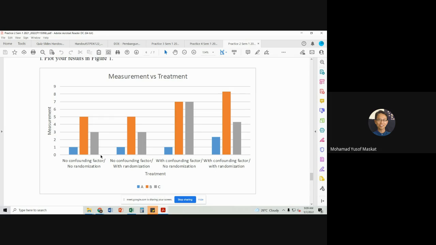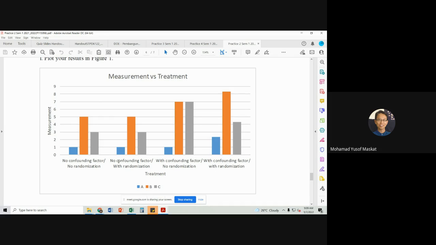So there is always a possibility that there are confounding factors that will affect our results. But in an ideal or theoretical situation where there are no confounding factors, not doing any randomization will not affect the outcome of the results.